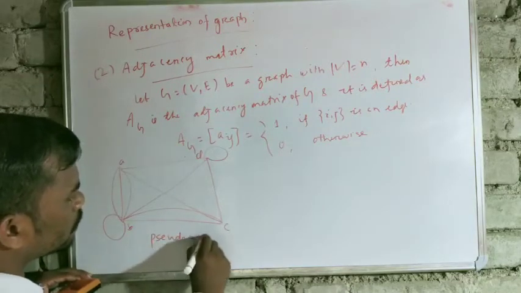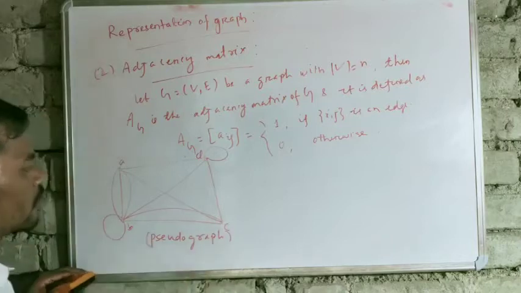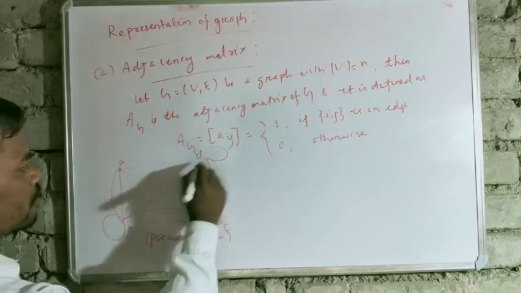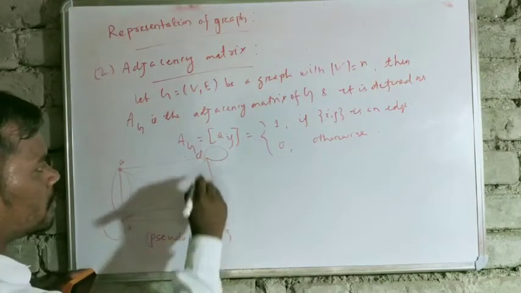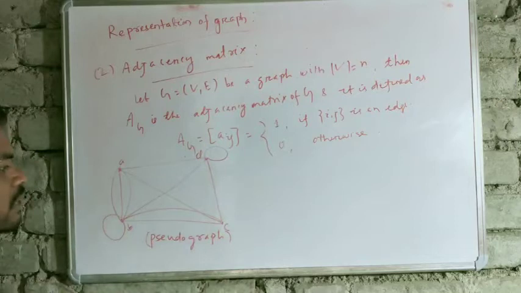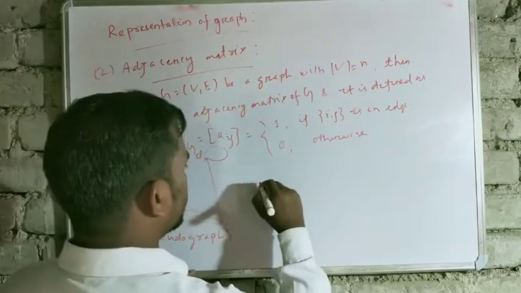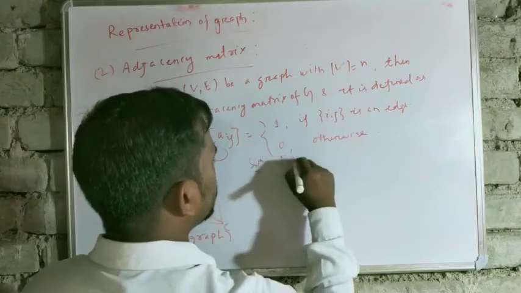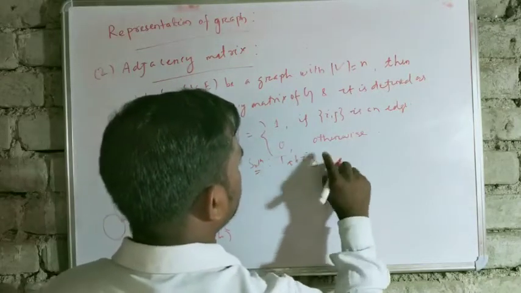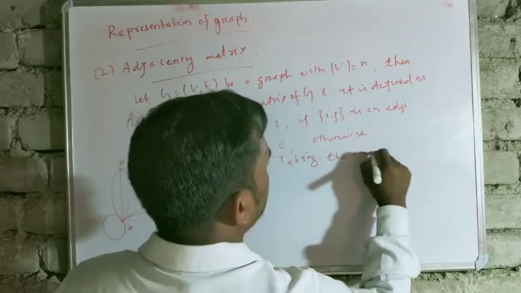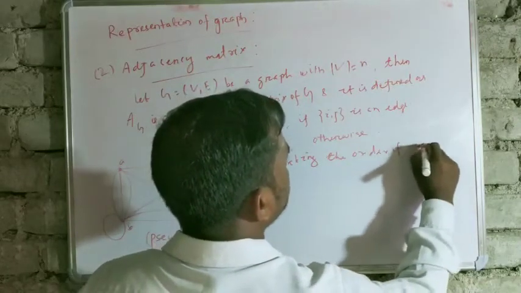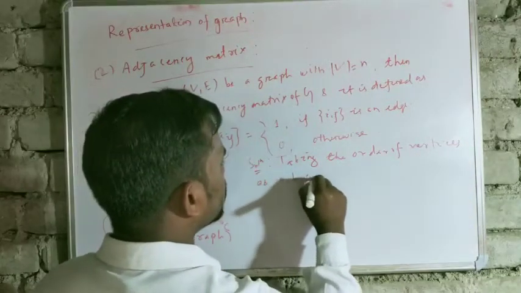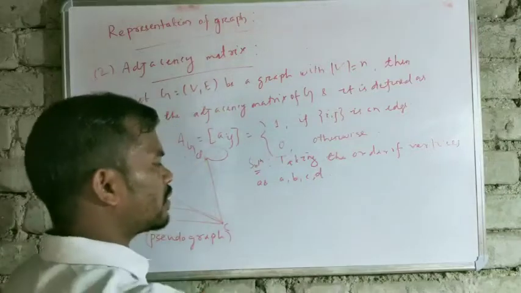Okay, so if a pseudo graph is given, these are the vertices A, B, C, D. So how will you find its adjacency matrix? In the solution, I am taking the order of vertices as A, B, C, D. Okay, I am first writing this order.